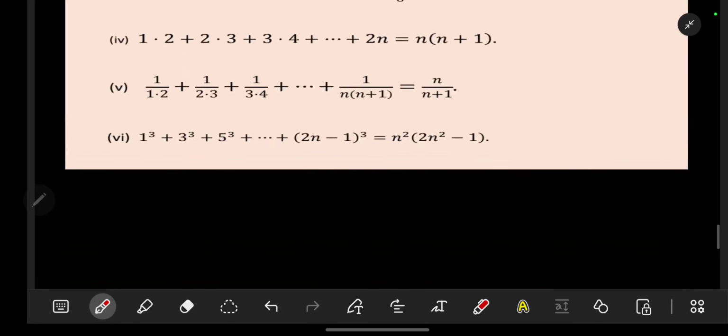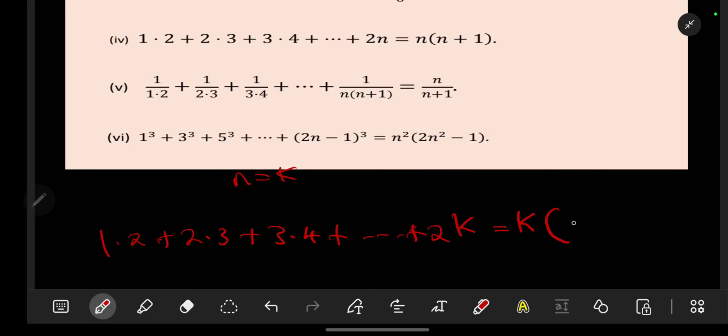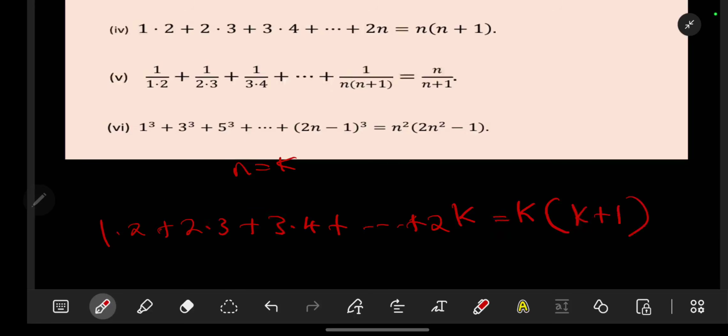We have 1 dot 2 plus 2 dot 3 plus 3 dot 4 plus our dots plus 2. Where there is n, we are saying that n is equal to k. Where there is n, we put k, then open brackets k plus 1, like that.